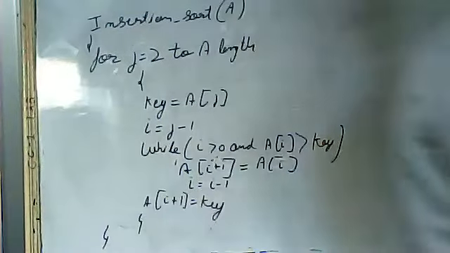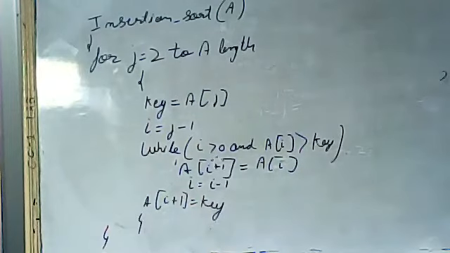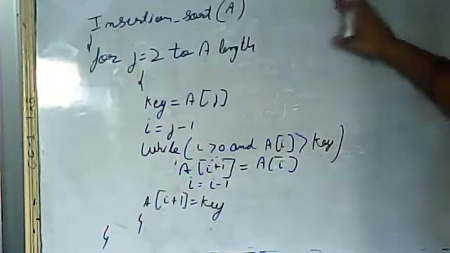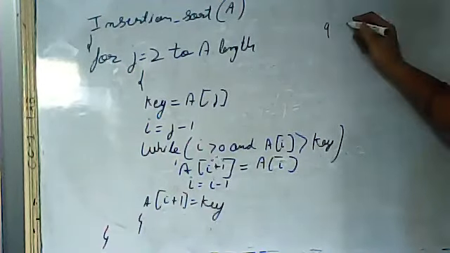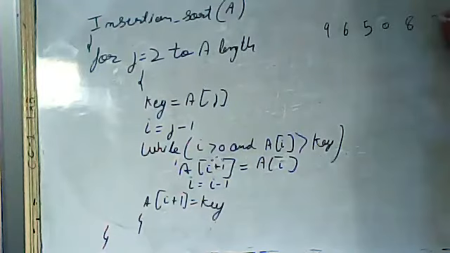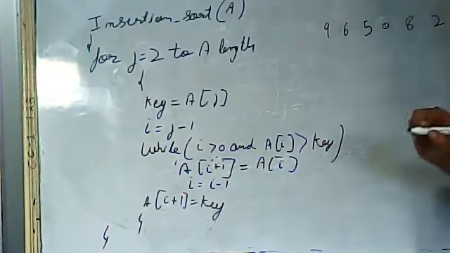Now let's see an example and run this algorithm while seeing it. Here we have elements like 9, 6, 5, 0, 8, 2, 7.